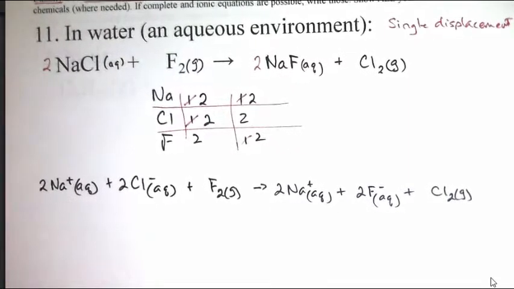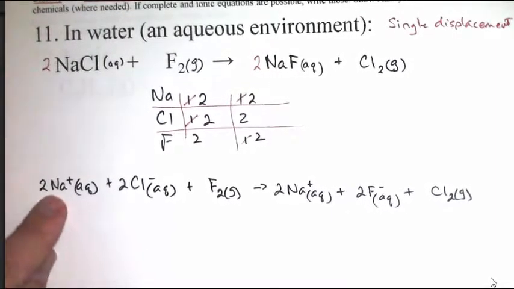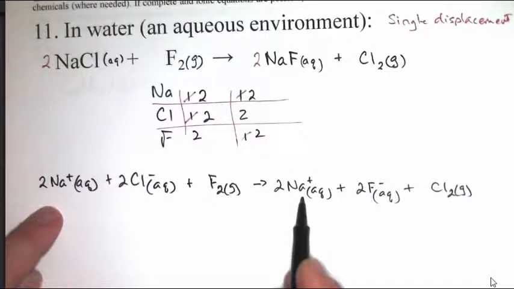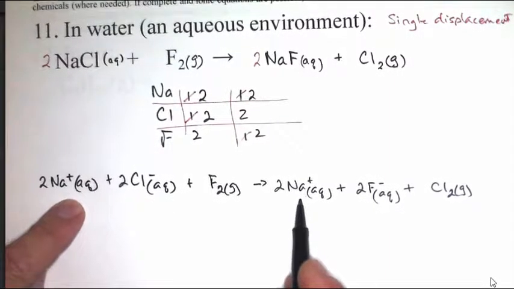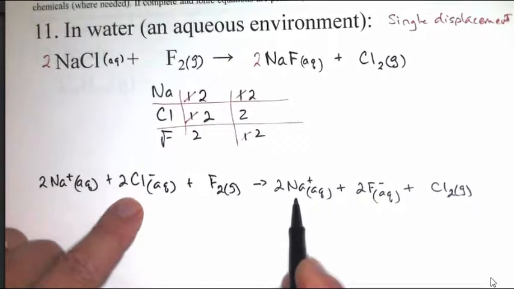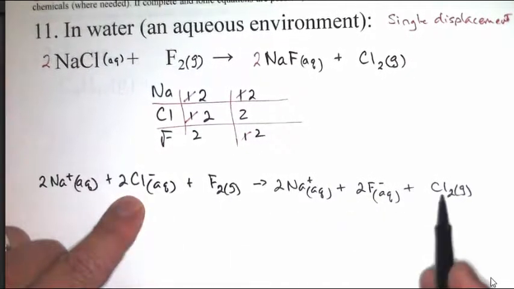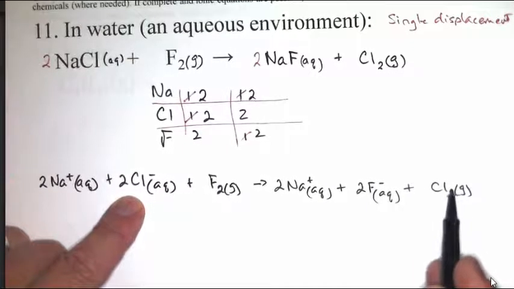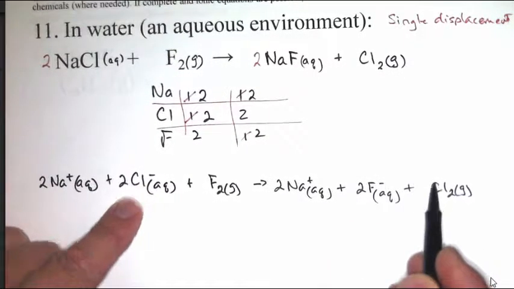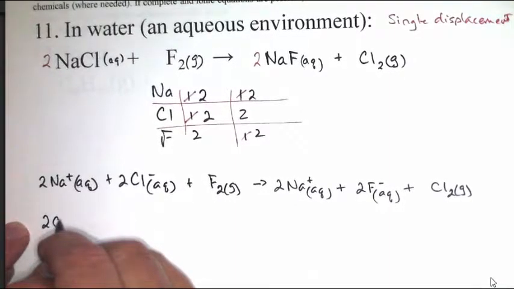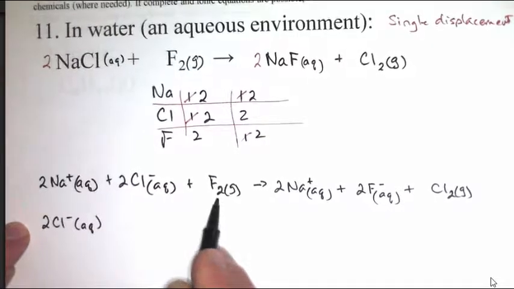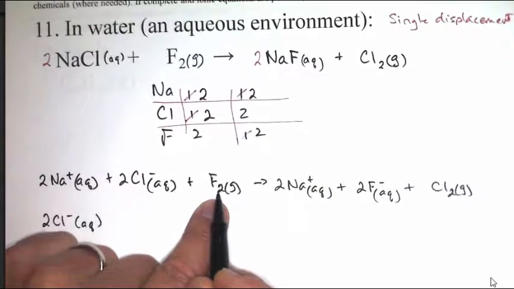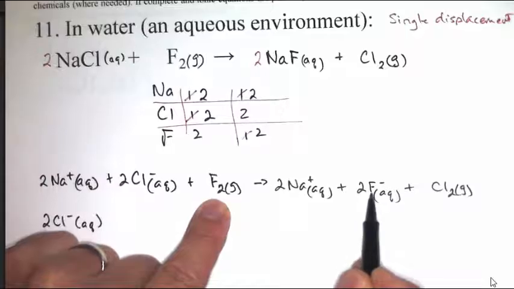From that, we're going to look and determine what's changing and only keep the stuff that is changing. The sodium ion over here is still a sodium ion over here. It's aqueous in both places. Nothing's changing with sodium. The chloride ion over here becomes a chlorine molecule. So this is changing. We're going to keep it. The fluoride or fluorine molecule over here becomes 2 fluoride ions over here.